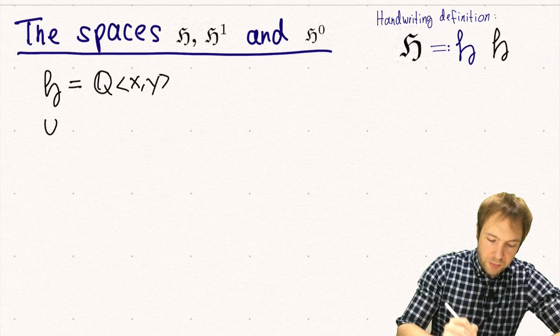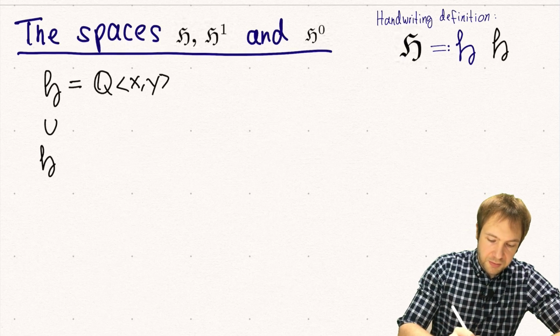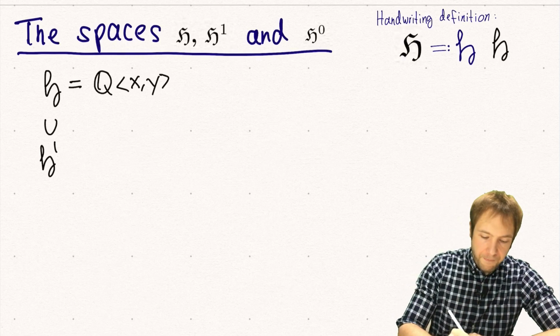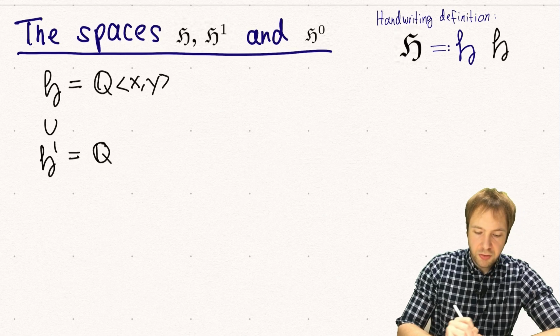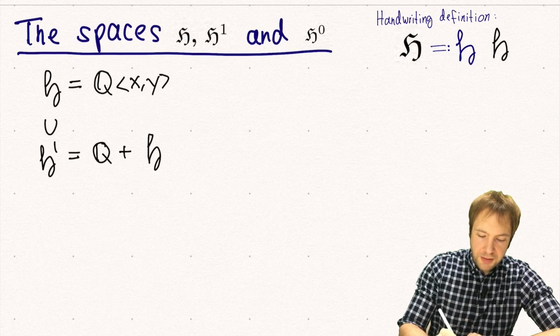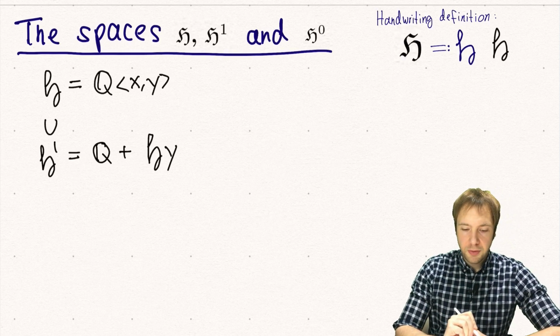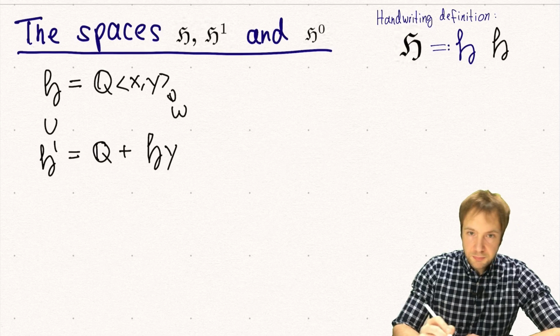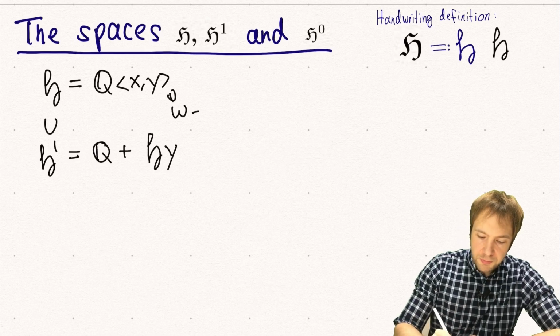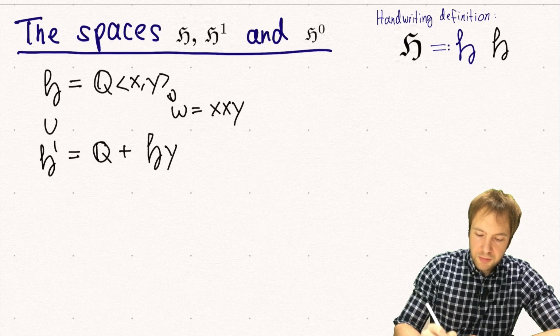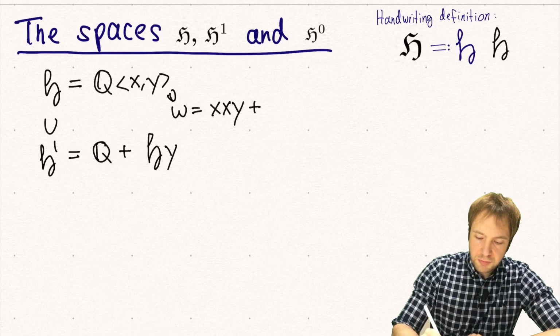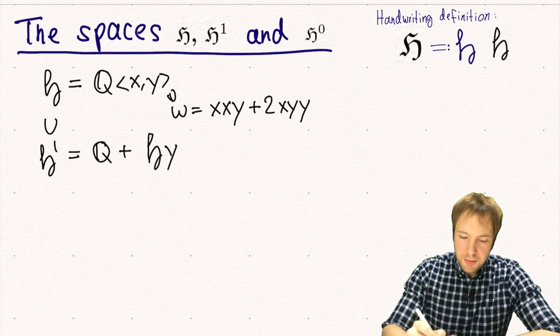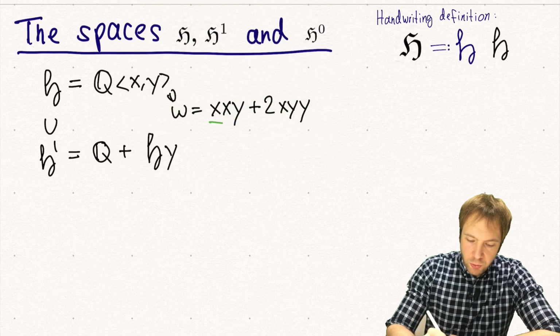And inside this we want to consider a subspace which contains Q plus, and then we take h, y. So what does this mean? So what is an element, for example, here in this space? So for example, we could write w as, for example, this element here. And a monomial like this we will also call a word.